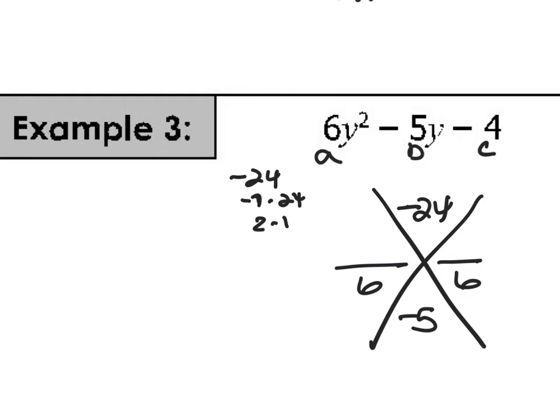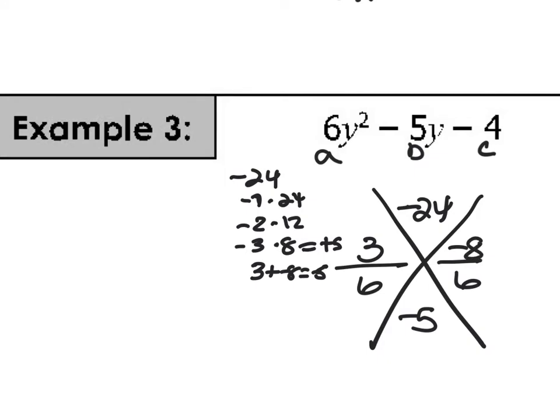Let's see, 2 times 12. So negative 2 times 12 is 10. So we're not looking at that. Negative 3 times 8. That would be positive 5 if I added them together. So let's add together 3 plus negative 8. So that's negative 5, right? So let's put down 3 and negative 8.